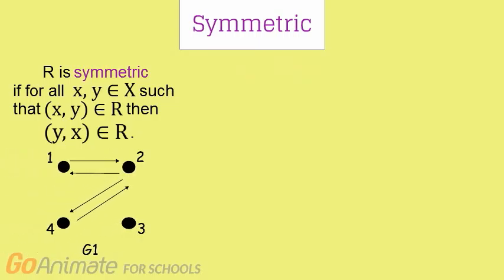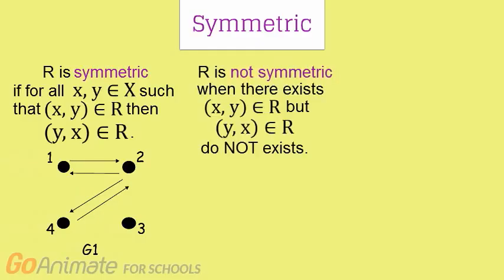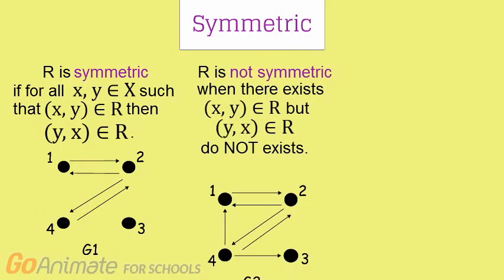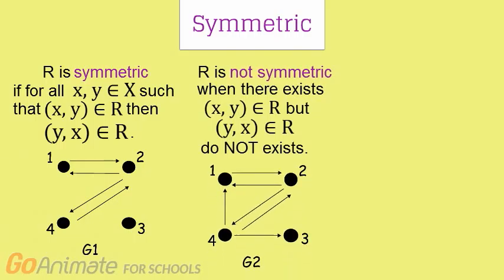The digraph of a symmetric relation has the property that whenever there is a directed edge from A to B, there is also a directed edge from B to A. If there exists an ordered pair (X, Y) that belongs to R, but the ordered pair (Y, X) does not belong to R, then R is not symmetric. In the case of not symmetric relations, there will be some edges in the digraph that only have a one directional arrow as follows.